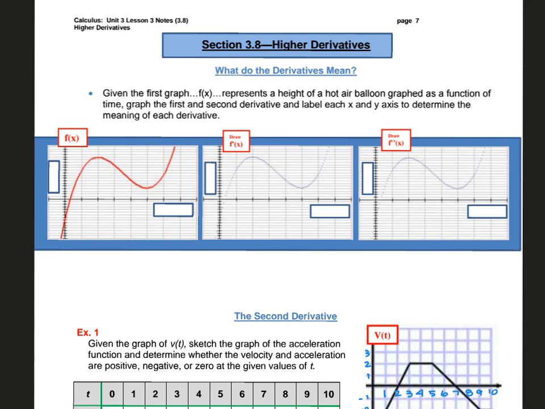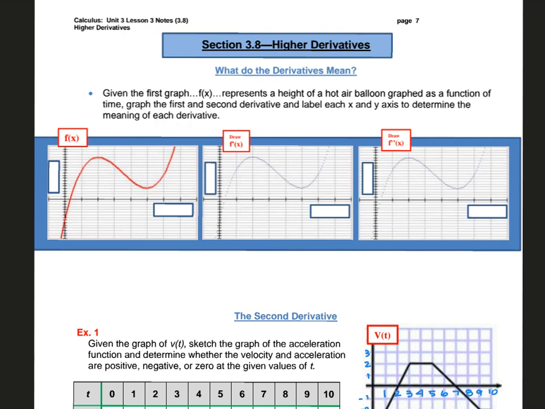So it says here in the first question, what do the derivatives mean? Given the first graph f of x, which represents the height of a hot air balloon graphed as a function of time, graph the first and second derivative and label each x and y axis to determine the meaning of each derivative.